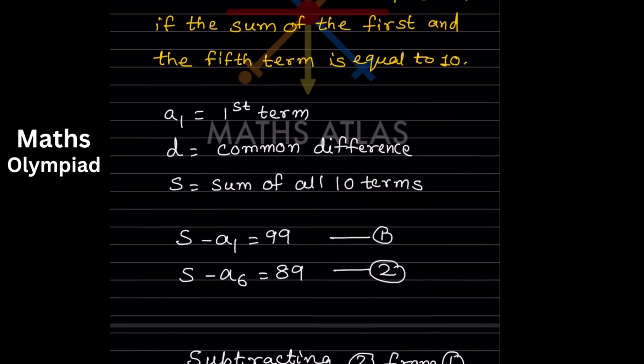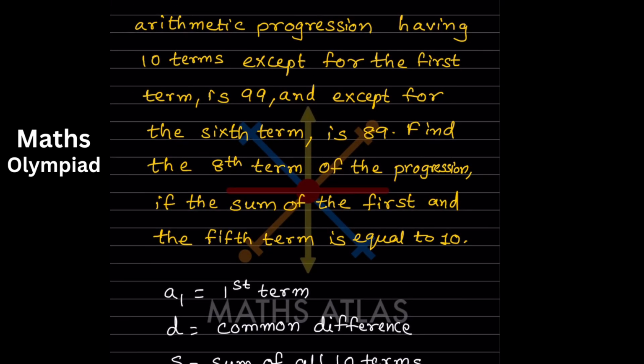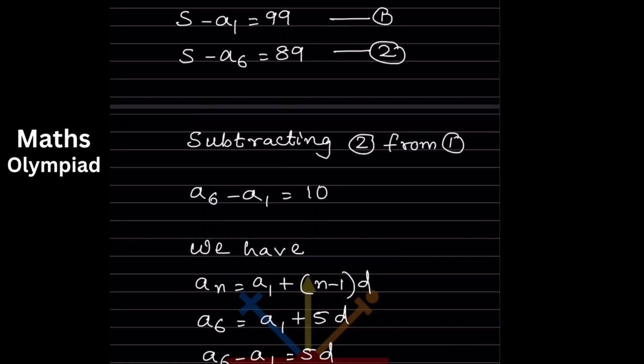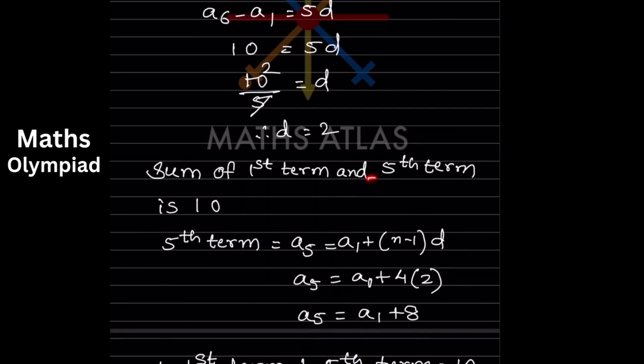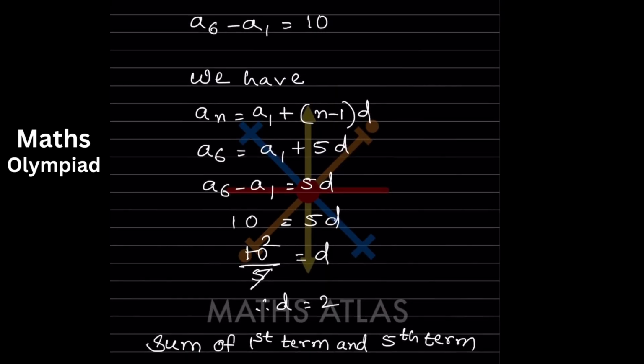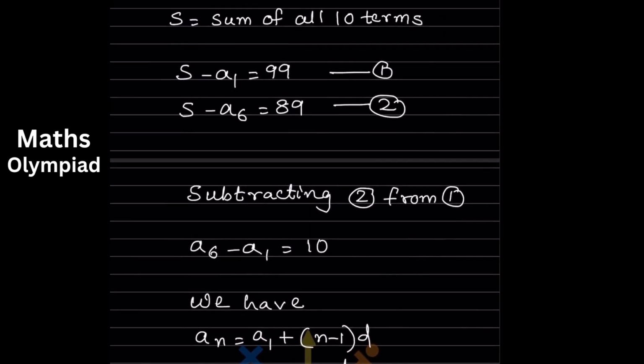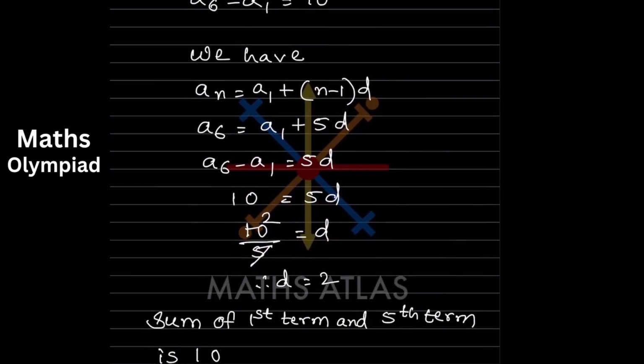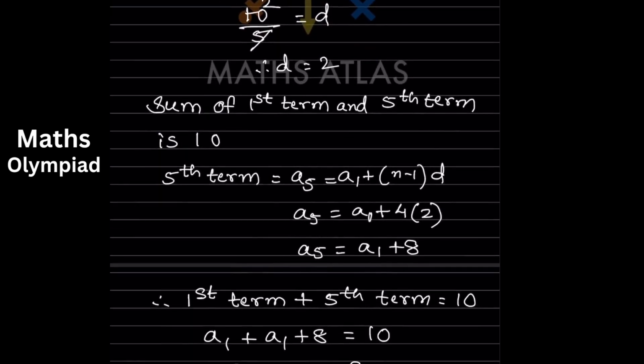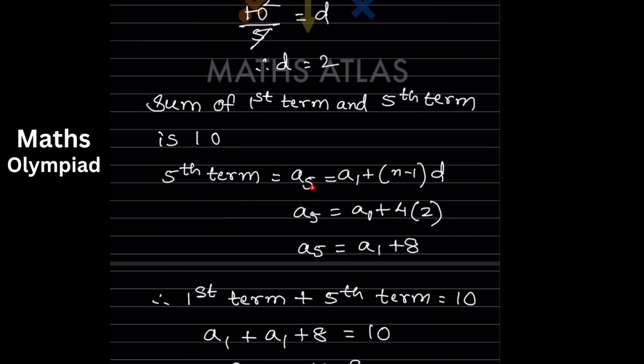Now what we are going to see here: find the 8th term if the sum of the first and the fifth term is 10. Now let us see the fifth term. We are going to put in this equation, wherever we see N, we put 5. AN is equal to A1 plus N minus 1 into D. This is the equation, so we don't have to scroll up.